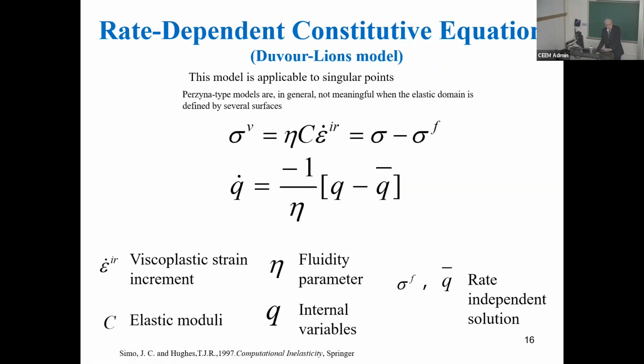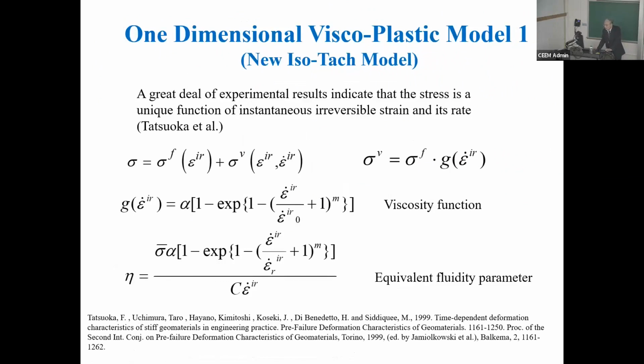In geomaterial, singular points are very important. So Pesina type models are in general not appropriate when the elastic domain is defined by several surfaces. For singular points, Pesina type is not good. So a one-dimensional viscoplastic model, a new isotach model, I provide that as well.